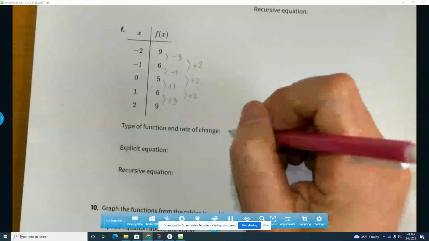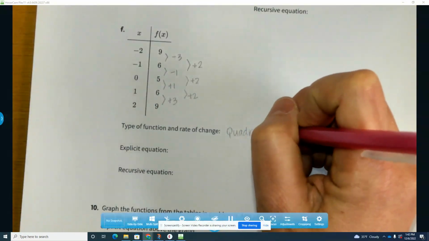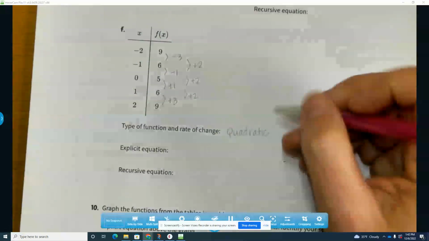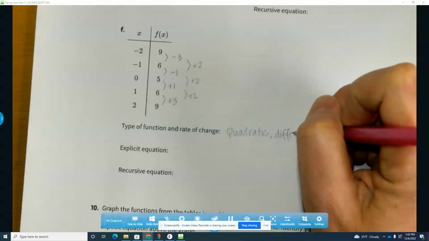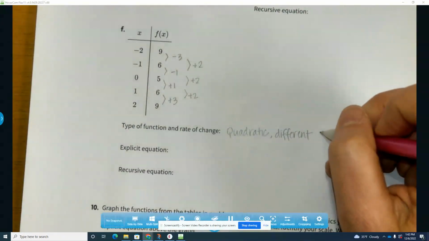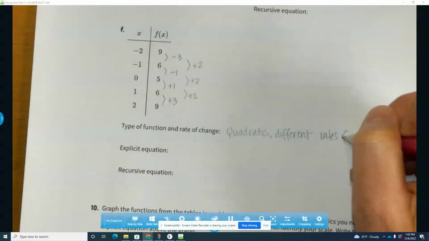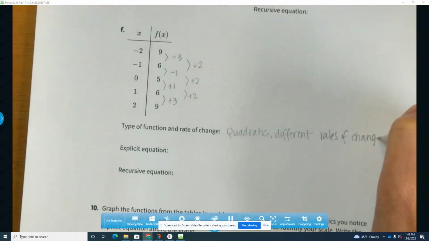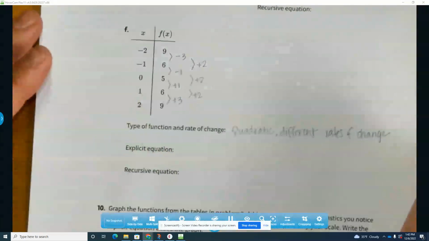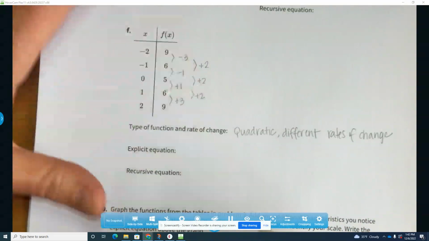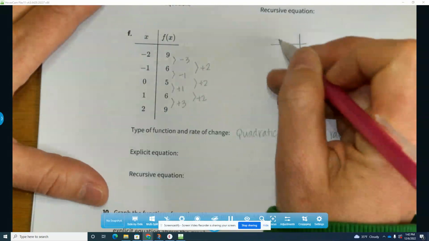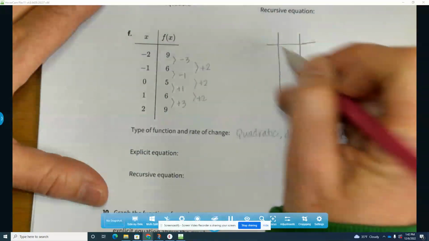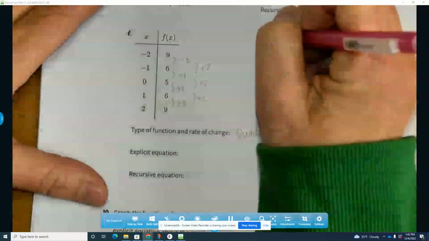So we definitely know we have a quadratic. It has different rates of change. Now we need to write an explicit and a recursive. So again, I like to just kind of write another table.